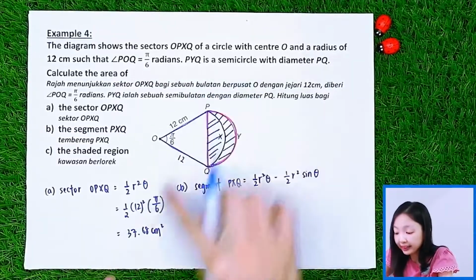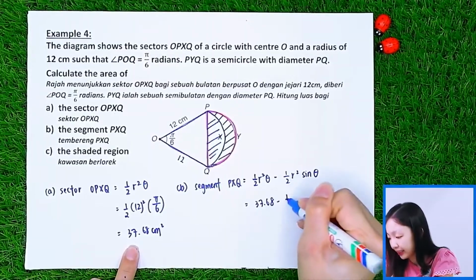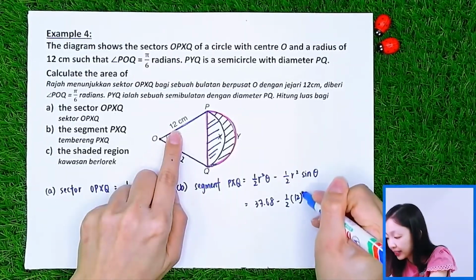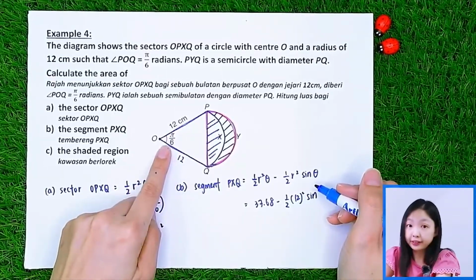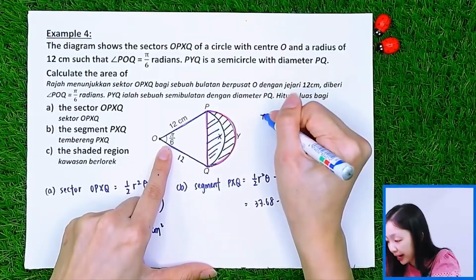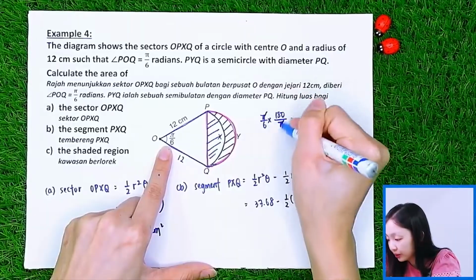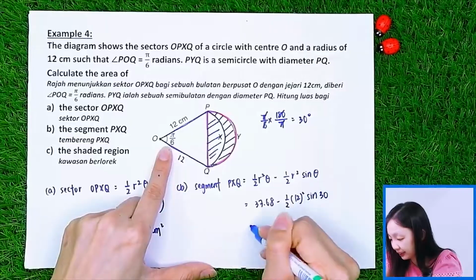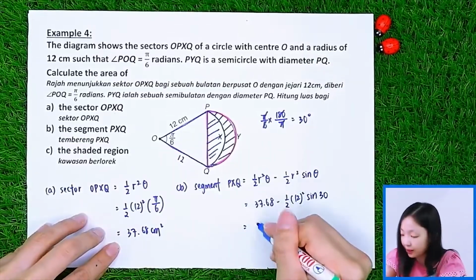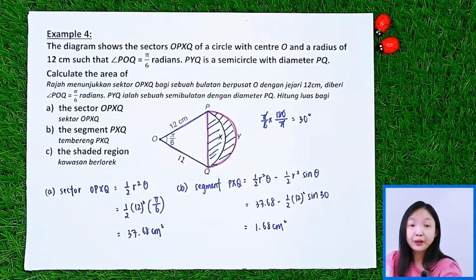The whole sector I already found here, which is 37.68, minus 1 over 2 r squared sine theta in degrees. So I have to change pi over 6 radians to degrees: pi over 6 times 180 over pi, which is 30 degrees. So it's sine 30. So I will get my segment as 1.68 cm squared.